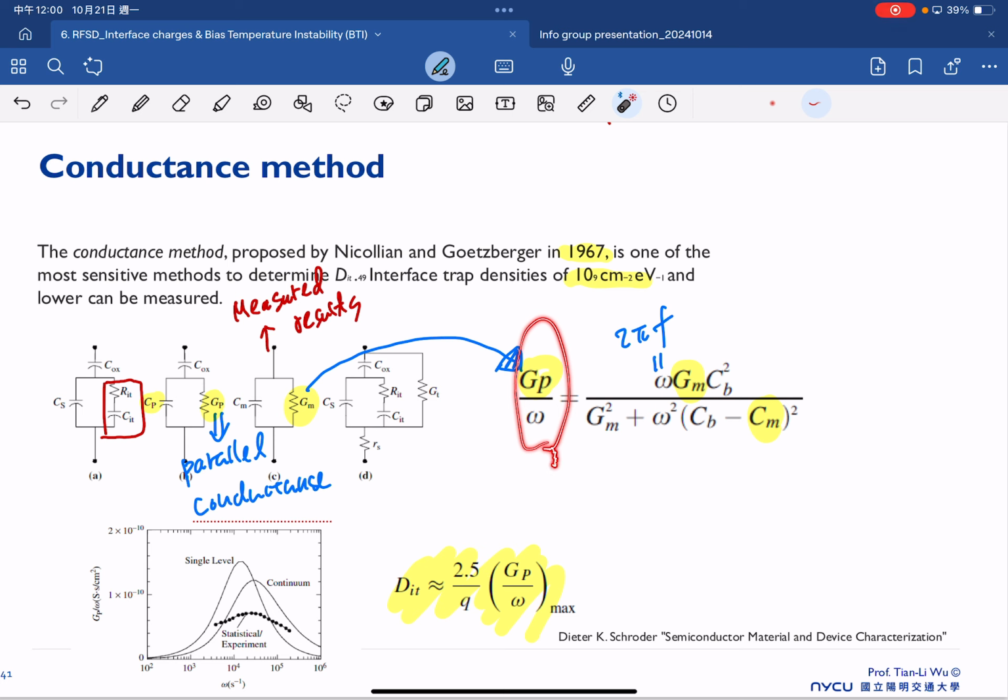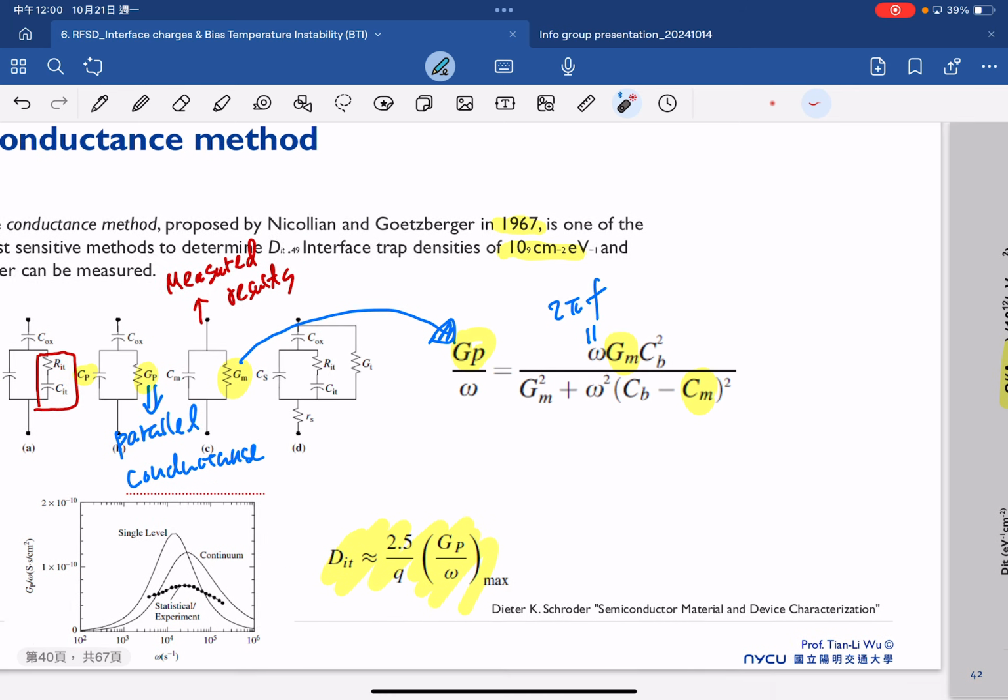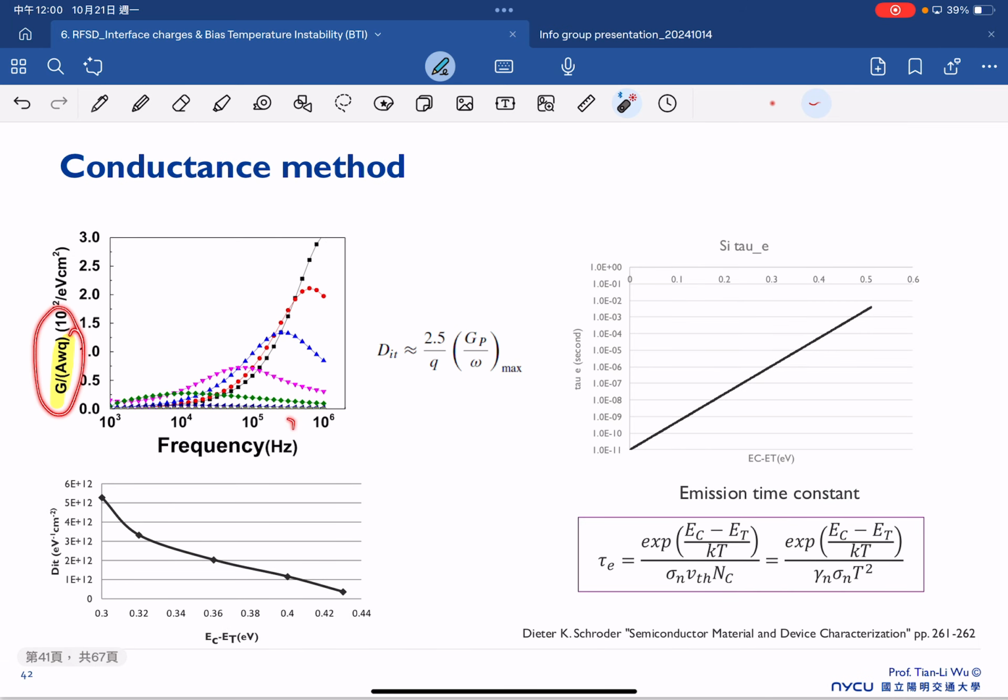But anyhow, it's just related to GP over omega is equal to this one. And because we know the GP is related to frequency, we can start to see the different frequency response here. And then we will start to calculate the peak from here.